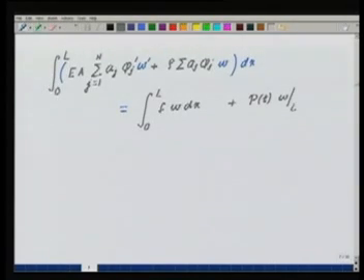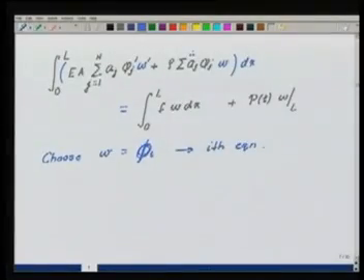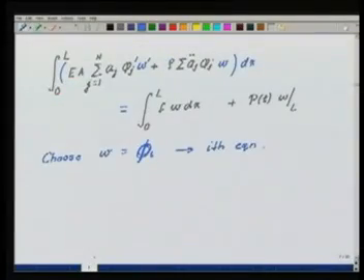Now what do we do? To construct the ith equation, we choose w equal to phi I. Okay, this actually I should be doing as phi I. So again this will give me the ith equation in terms of a dot, a double dot, and so on. So here I should have aj double dot, from what we had done in the last one. So aj double dot will be sitting here, aj is sitting here, and phi j prime.